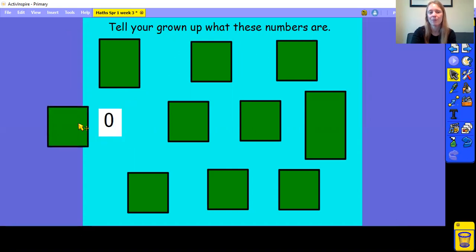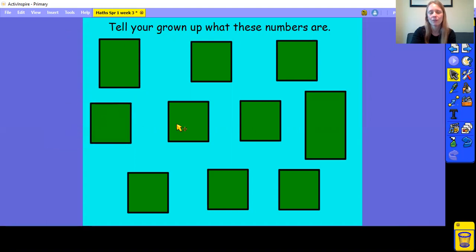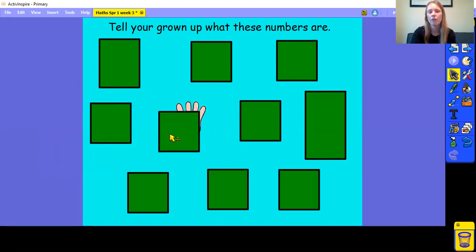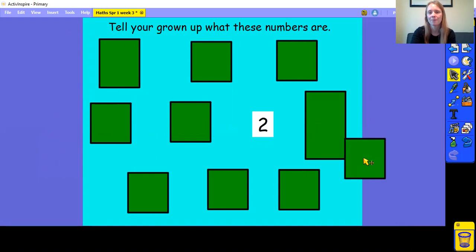What about this one? Yes, it's the numeral for 0. What about this time? What number is this telling us? That's right, it's showing us 4 fingers. It's representing the number 4. What about this time? Yes, it's the numeral 2.